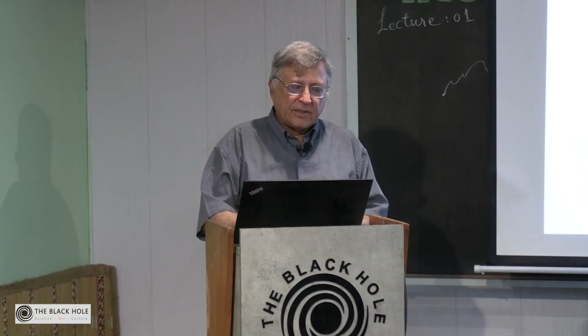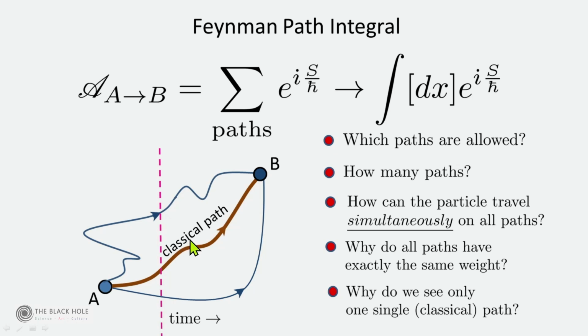So it's that the paths which are close to the classical path have a similar phase, a very close phase to that of the classical path, whereas the ones which are further away, like this path over here or this one, they have phases which will interfere.